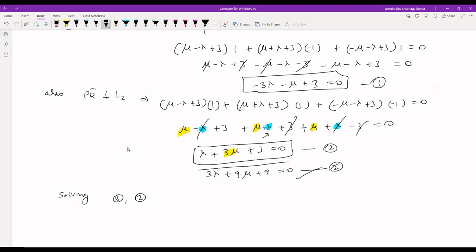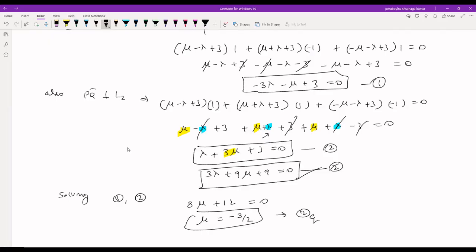So if you are adding together, plus 3 lambda minus 3 lambda cancel. 9 mu minus mu will be 8 mu. 9 plus 3 will be 12 equal to 0. So mu is equal to minus 3 by 2. If mu is minus 3 by 2, we will substitute in the second equation.